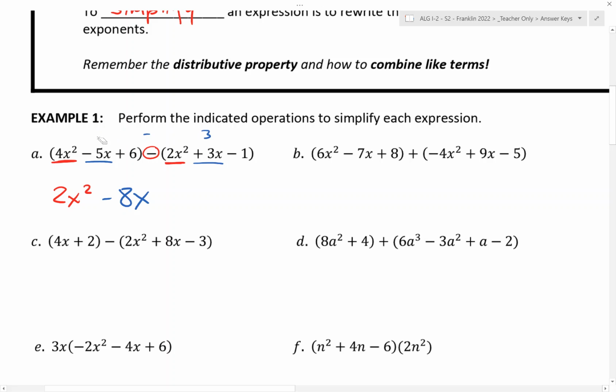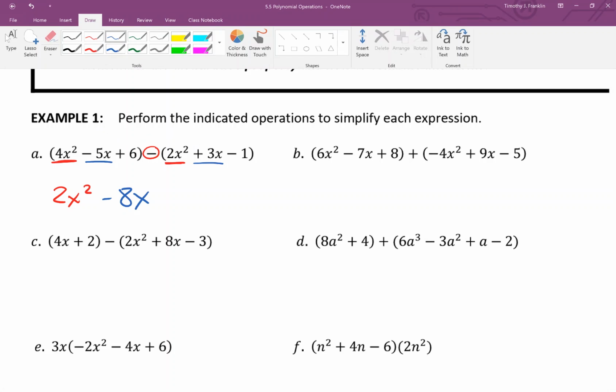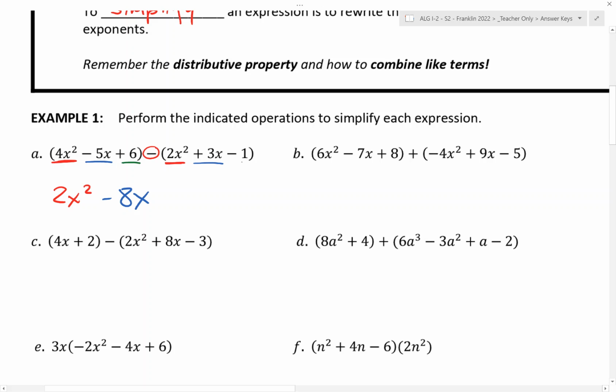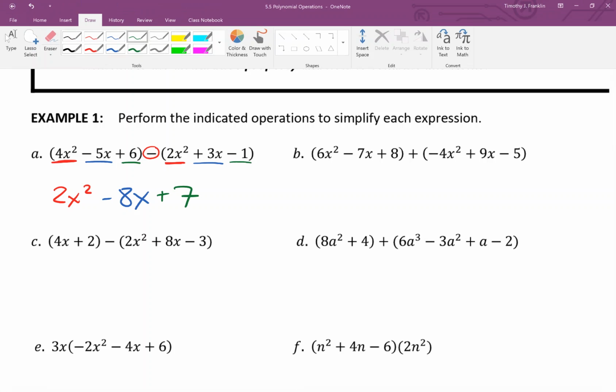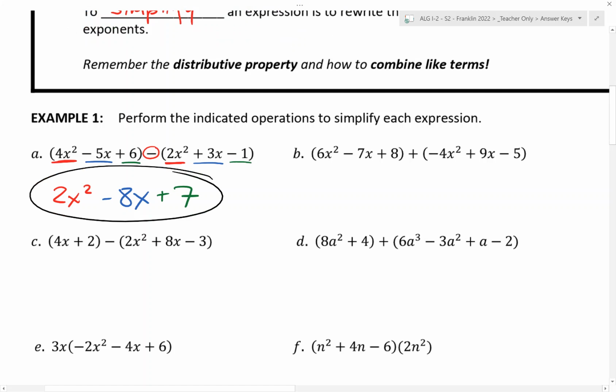And then finally, we have 6 minus negative 1. 6 minus negative 1 is 7, so plus 7 there. So really just be careful about your negatives, especially if you're subtracting polynomials. Make sure you are actually subtracting. Use a calculator if you're not sure.